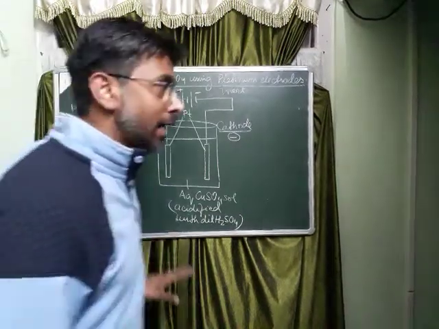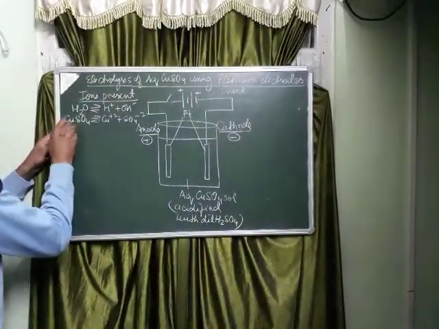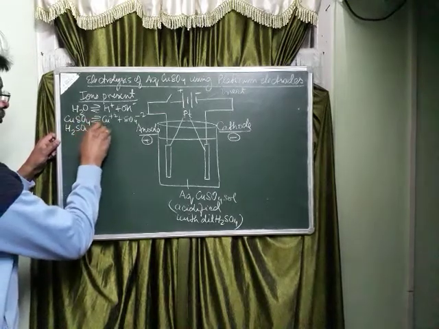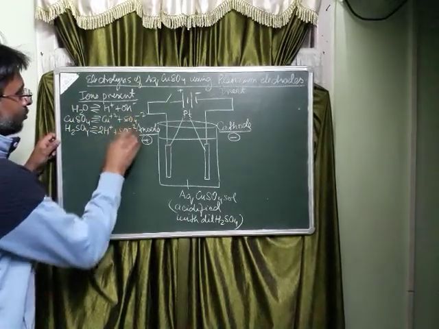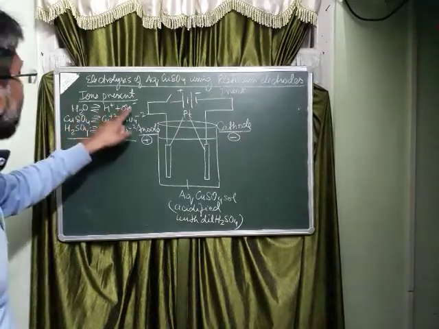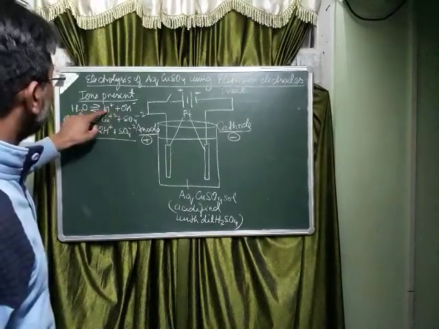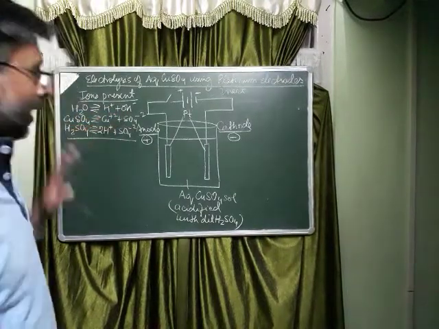And then I have added a few drops of dilute sulfuric acid. So sulfuric acid dissociates to give hydrogen and again sulfate ions. So these are the ions present in this electrolytic solution: hydrogen ion, hydroxyl ion, copper ion and sulfate ion.